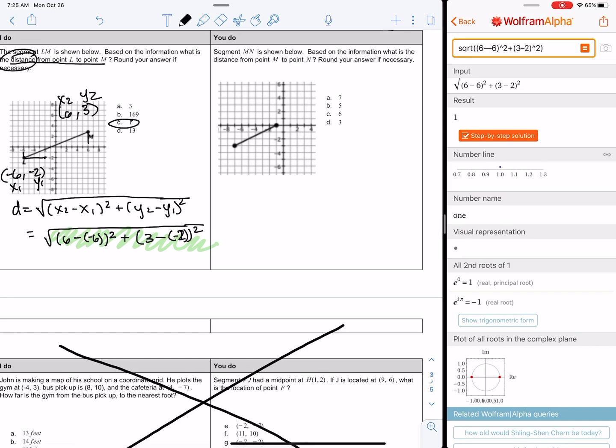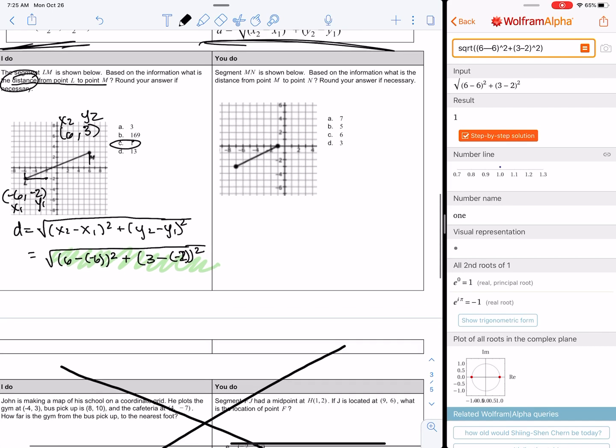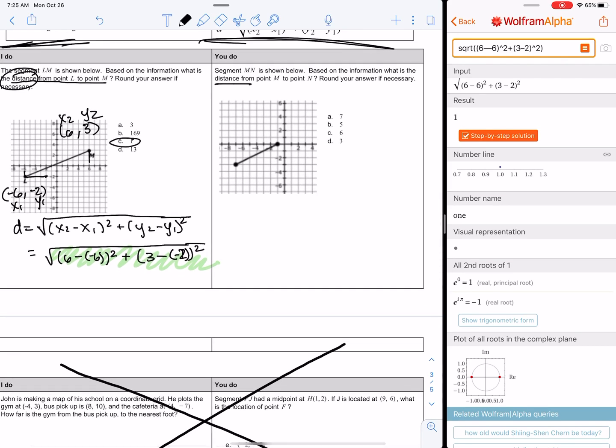So, trying this other one. Segment MN is shown below. Based on the information, what is the distance from point M to N? Round your answer if necessary. So are we going to use the midpoint formula or the distance formula? Very good, distance formula. So d equals x2 minus x1 squared plus y2 minus y1 squared. You have this point, which is -1, 0. You have this point, which is -7, -3.